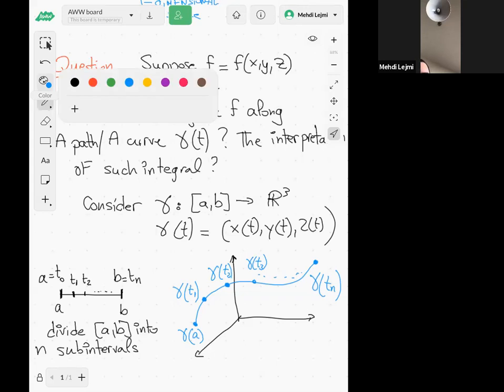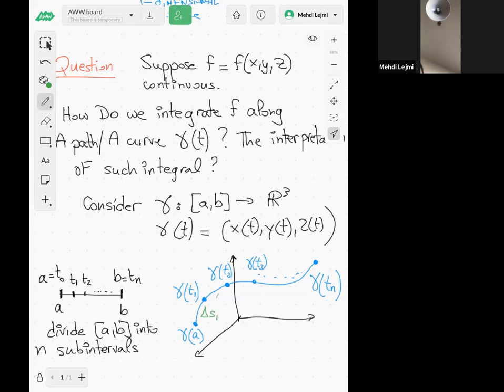And now let's call this the arc length. This arc length here, let's call delta S1. This is delta S2. This is delta S3, etc. So what's delta S subscript i?